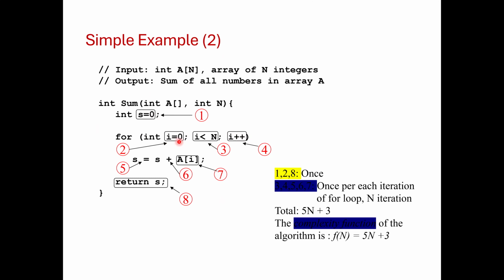But because some of the operations are inside the loop, 5 of them, those 5 operations will be executed N times, right? 5 times N, and then these 3 operations will be executed once. So if we wrote this code in C or Java or any other language, maybe 1 or 2 operations might be different, but once it's an operation, it has to be counted. I hope I'm making sense.